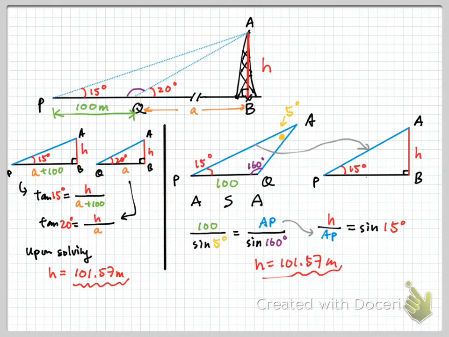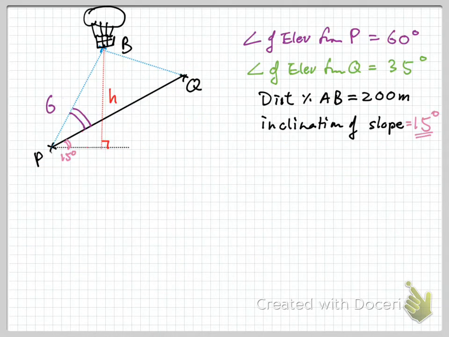So in this case, the angle of elevation is not measured from the straight line PQ. It's measured from the horizontal. So this entire purple angle will be 60 degrees. This is how we make sense of the angle of elevation from P being 60 degrees.